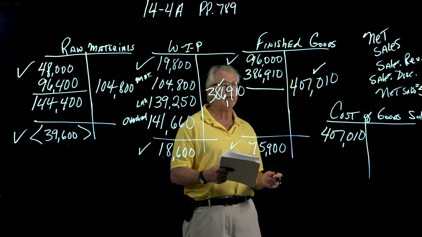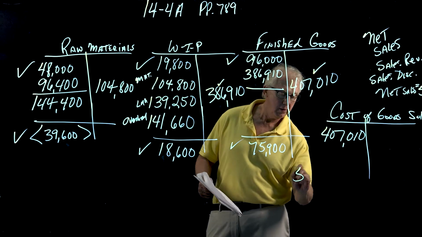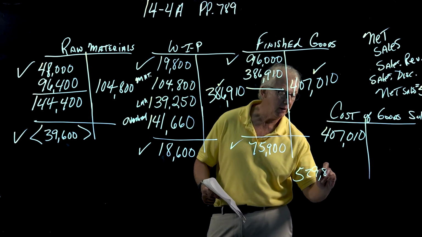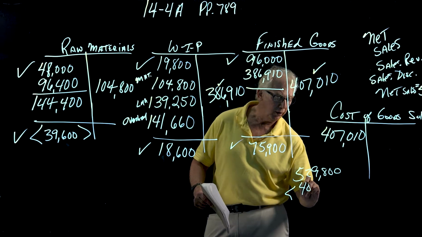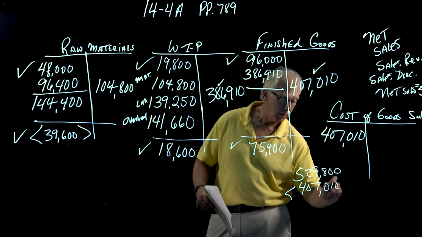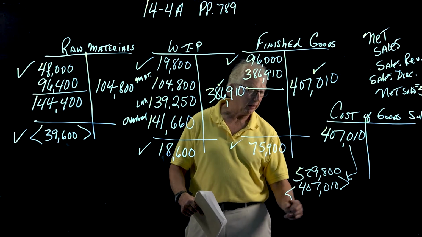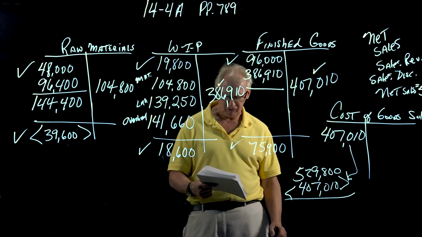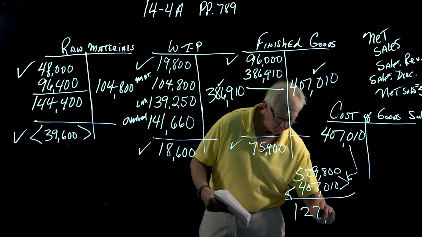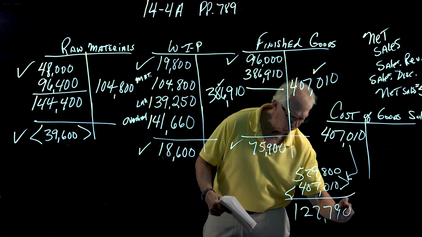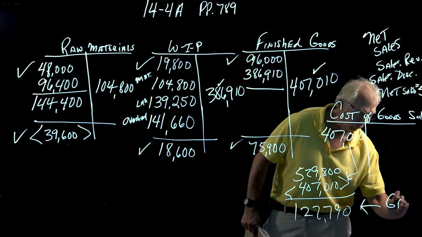Once we have net sales, all we have to do is take net sales of 529,800 and subtract the cost of goods sold. This number gets subtracted from sales, and we should get 122,790, and that should give you what's called gross profit.